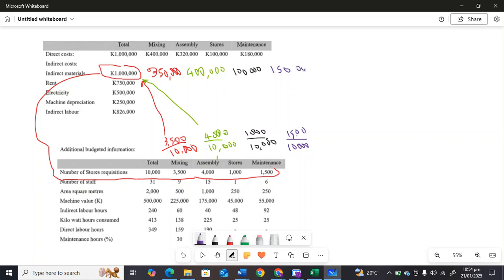So notice if you add 350,000 plus 400,000, 750,000, plus 100,000, 850,000, plus 150,000, you get 1 million.